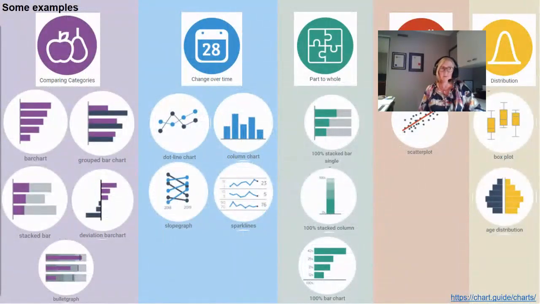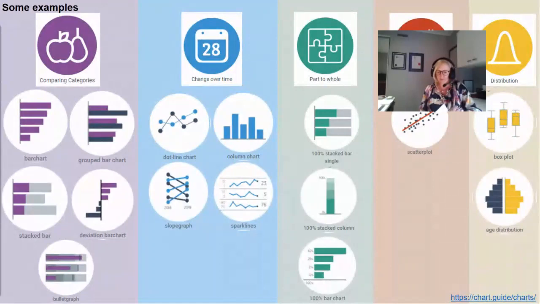So here you can see an overview of the different types of graphs. The first one is comparing categories, when you want to show a comparison between categories A and B, for example. This is used when you want to compare nominal data, for example, hospital care units and so on. Then another category is change over time, when you want to show the change of category A and B over time.